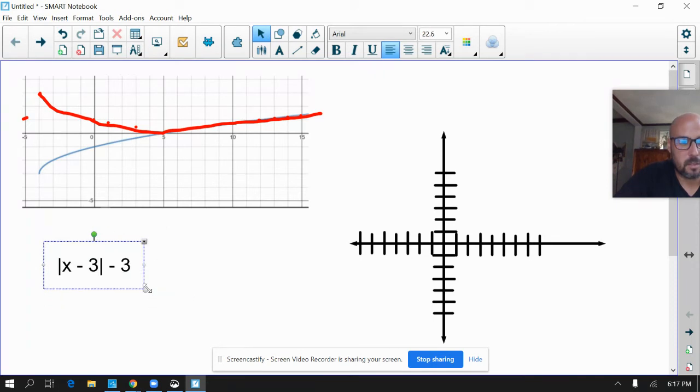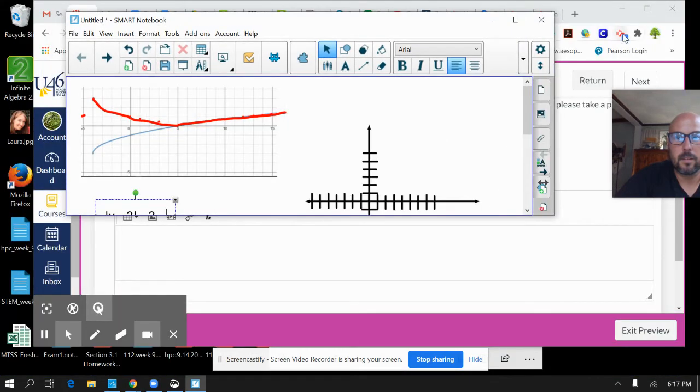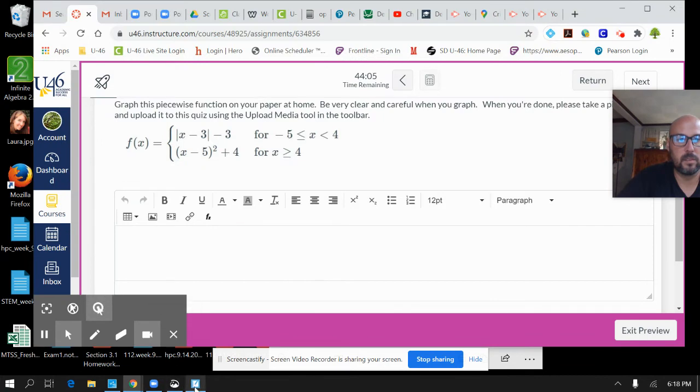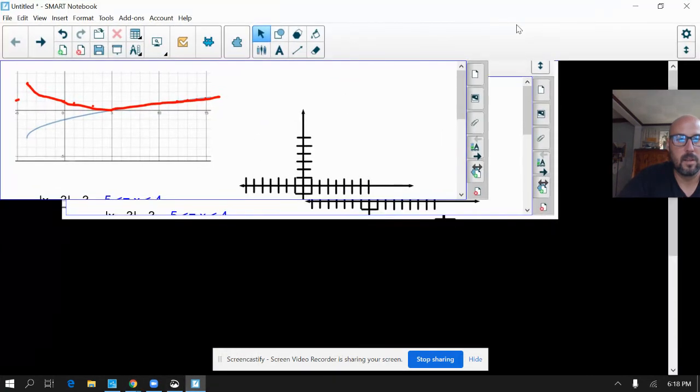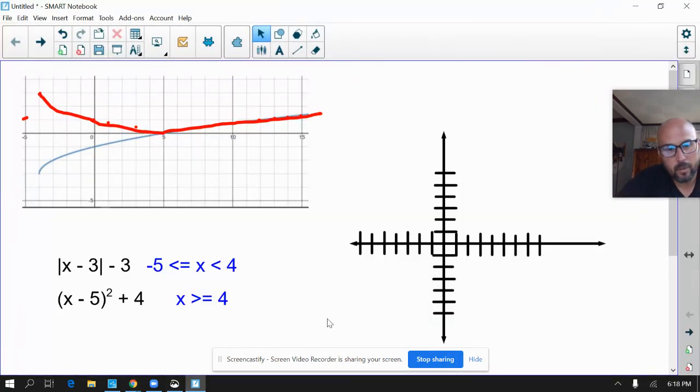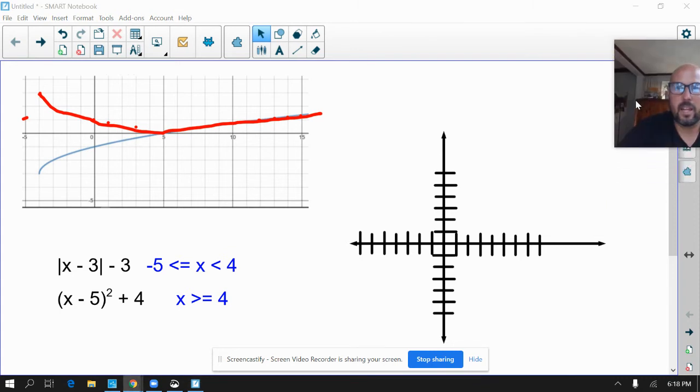And if I remember, this was from when we had to graph this one. This is the one that I wanted you to draw on a piece of paper and send me a picture of. And a lot of you did a great job there. Thank you very much for embedding your picture into the Canvas quiz. It was very helpful for me.